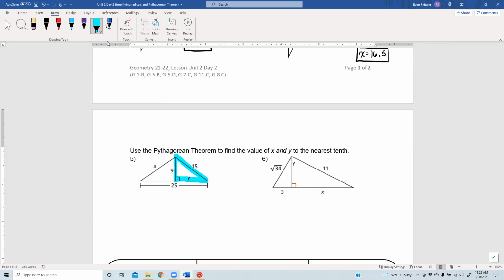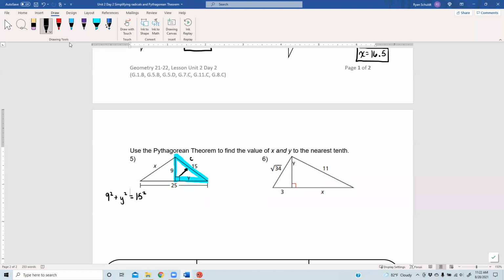I can make an equation out of that. So on this one, look across. The 15 is my C. So I can say 9 squared plus y squared equals 15 squared.